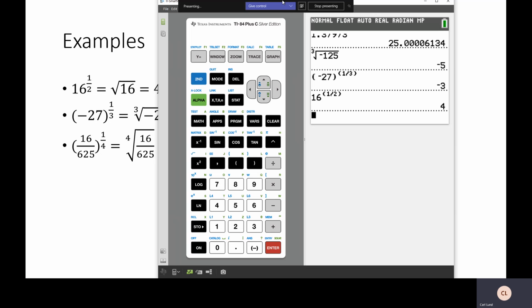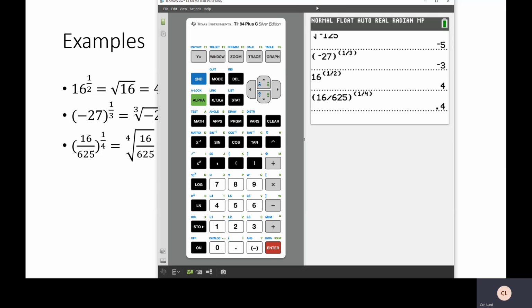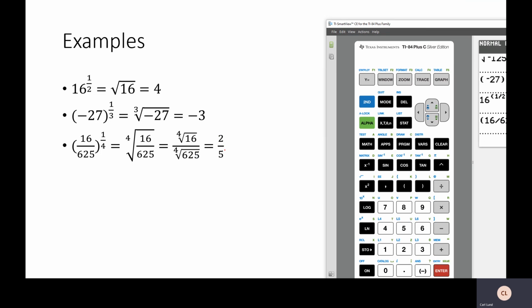These are pretty common 4th roots, but until you get those memorized, it is probably quicker to just take that fraction to the 1/4 power, and we get 0.4, which is the same as 2/5.